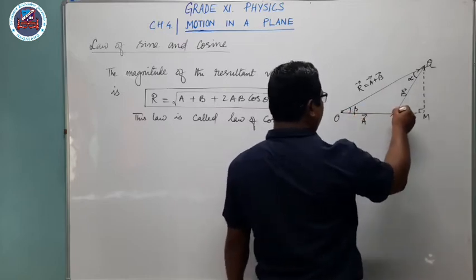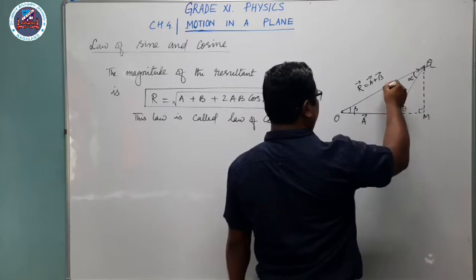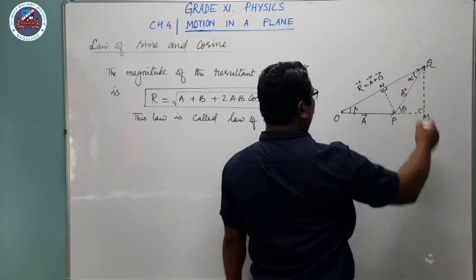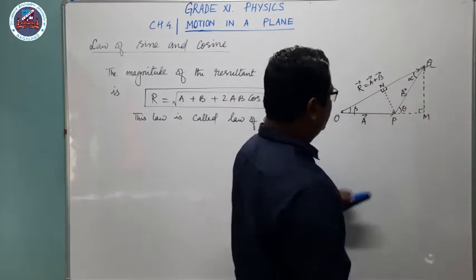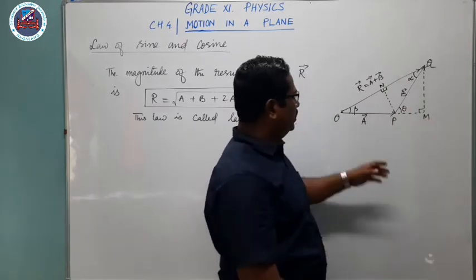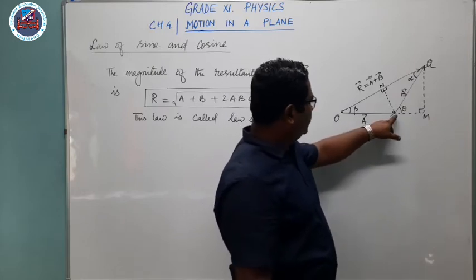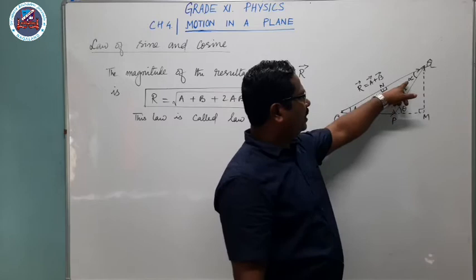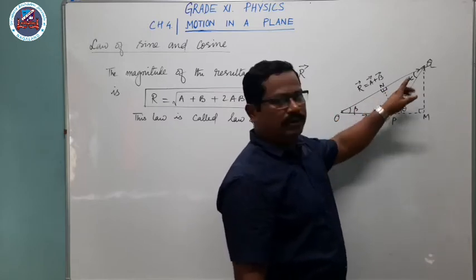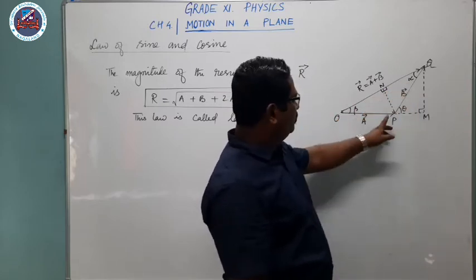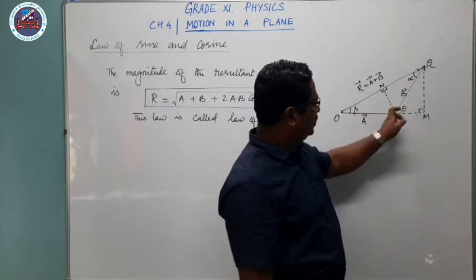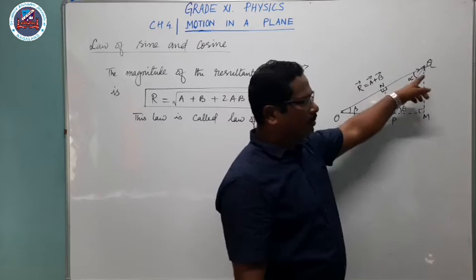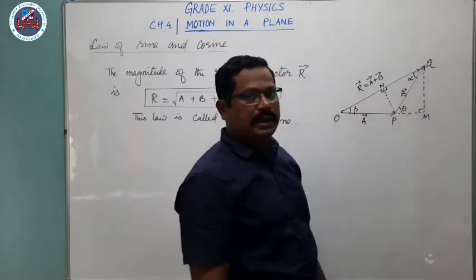Then here you have to drop one perpendicular, let it be PN, perpendicular to OQ. It is your wish, here alpha, here beta, or here beta, here alpha. Any letter you can use, but you should write down some angles here. Then we'll get the law of sine.